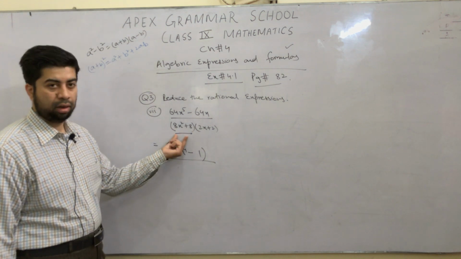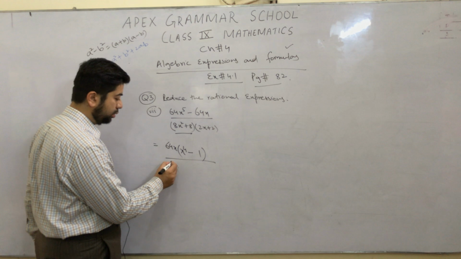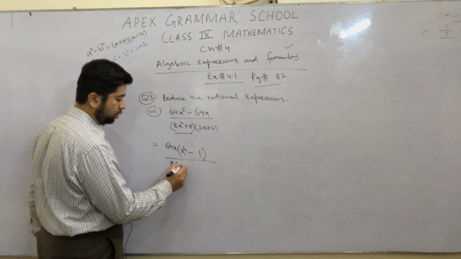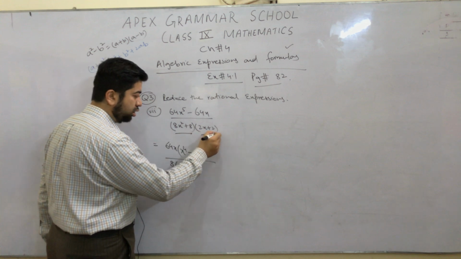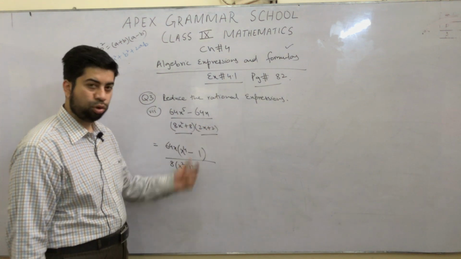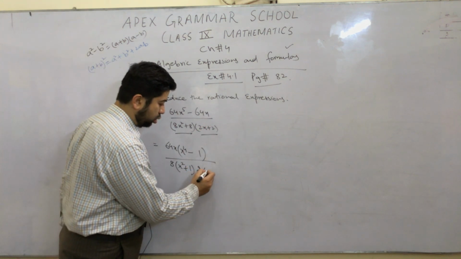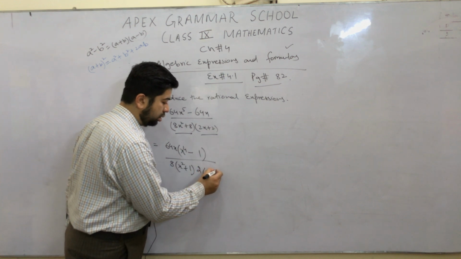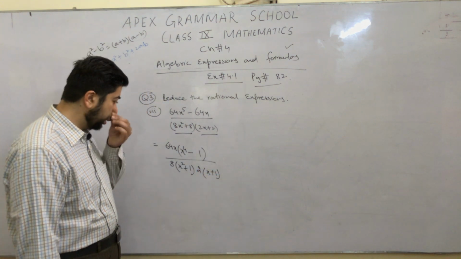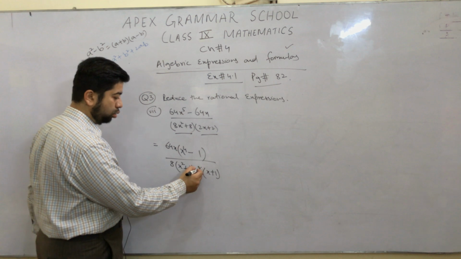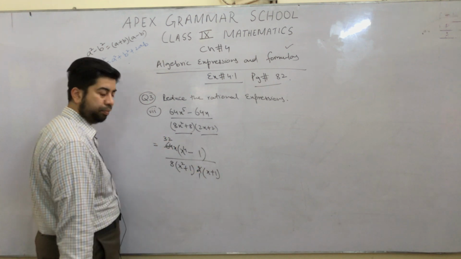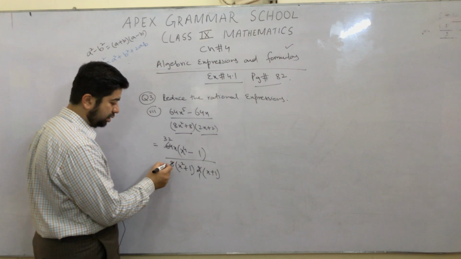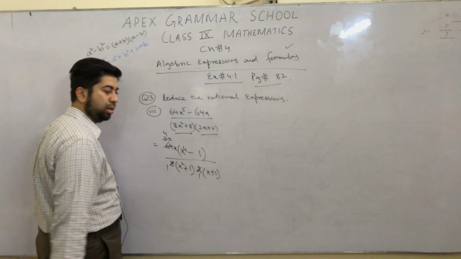Which is common here? Yes, 8 is common. So after that, x square plus 1. And which thing is common here? Yes, 2 is common. So x plus 1 here. You can cut this. 2 1s are 2, 2 3s are 6, 2 2s are 4, and again 8 1s are 8, 8 4s are 32.